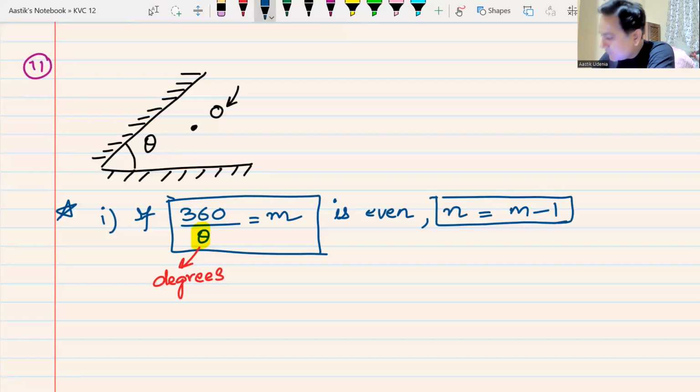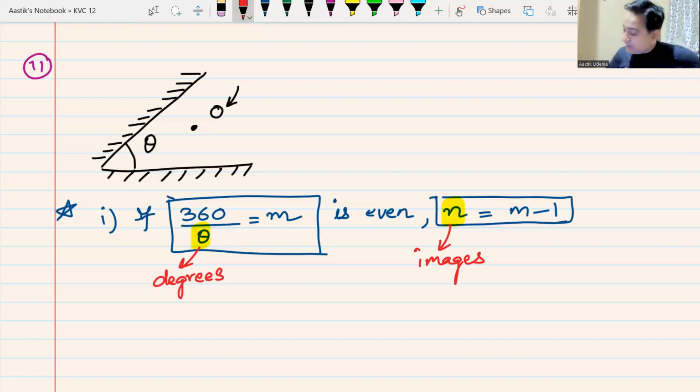Remember, this n stands for the number of images. So it depends on whether it is odd or even.